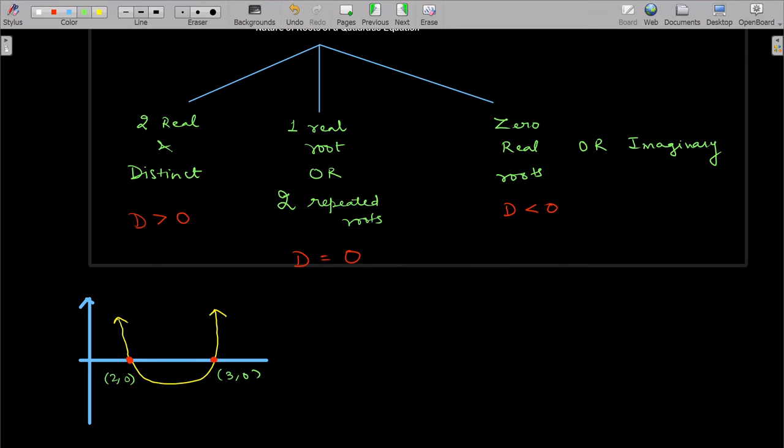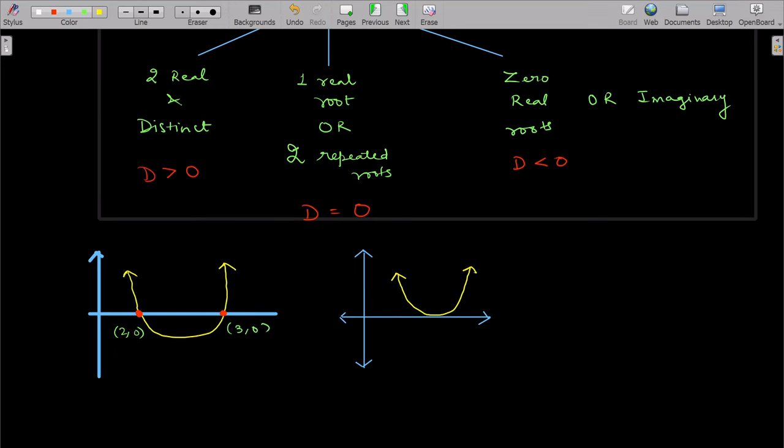In the second case, what will happen? There'll be only one intersection or one root. This time we won't use the word intersection. We will say that the parabola will touch the x-axis, because when we say intersect, that means it is crossing the x-axis. So in this case, we say that the parabola will touch the x-axis at just 1 point. Okay, so I'll also write this here.